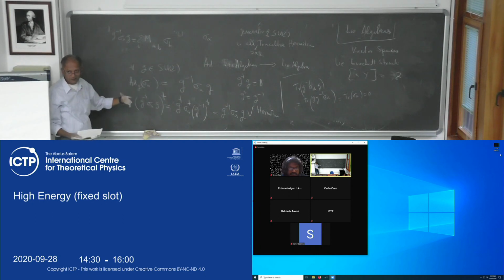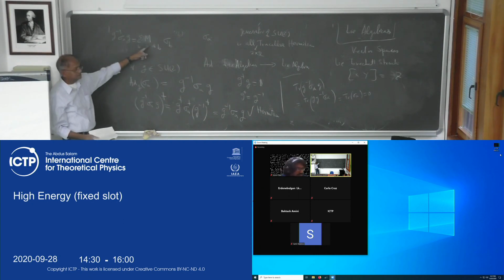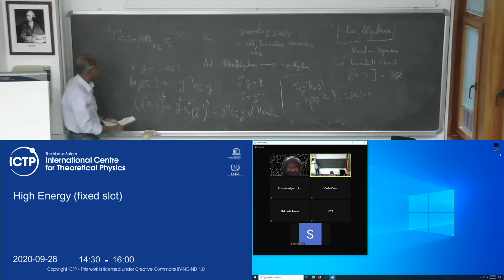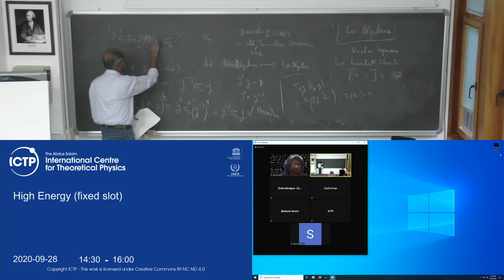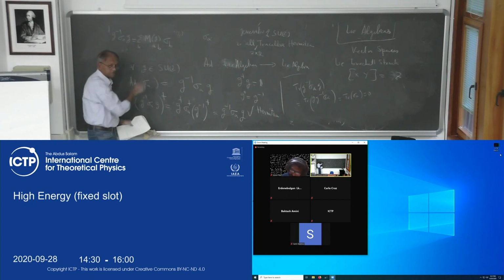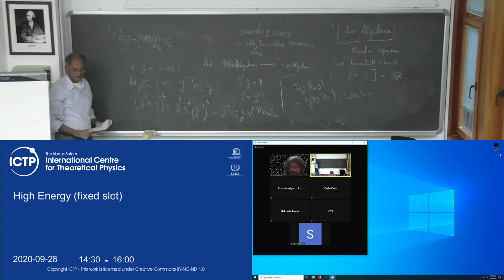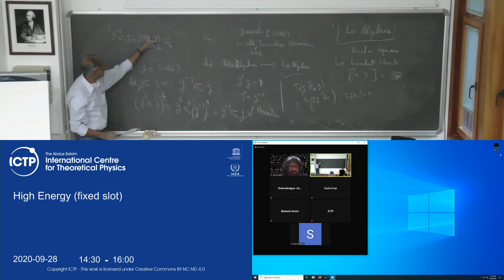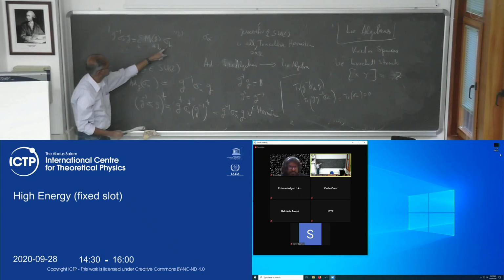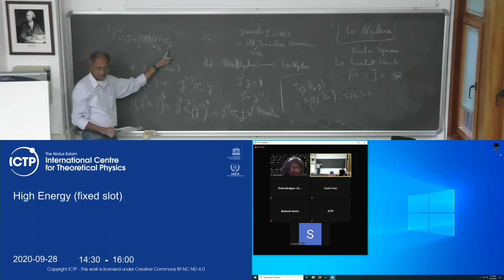Because G is an arbitrary element of SU2. If I had chosen a different G, those coefficients will change. So I also put here that it is a function of G, which element of SU2 you are taking. So these coefficients depend on a, and of course on b, because of the linear combination of sigma b.